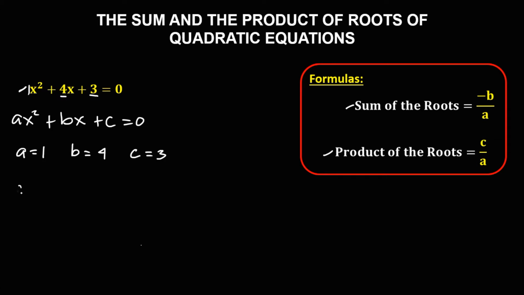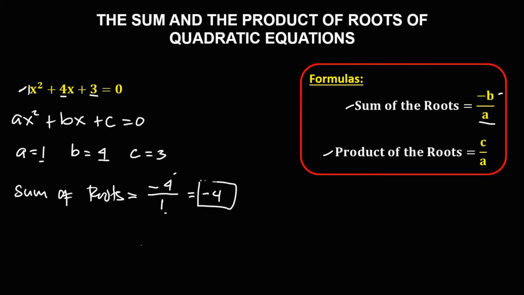To find the sum of the roots, from this formula we have negative b, that's negative 4, over a is 1, so negative 4 divided by 1 is negative 4. So the sum of the roots is negative 4.